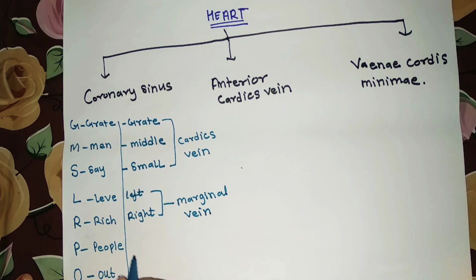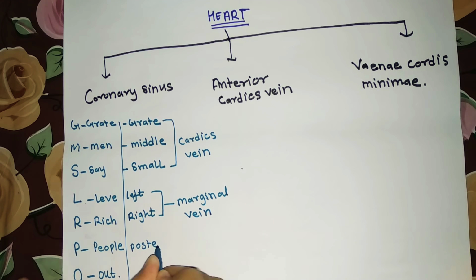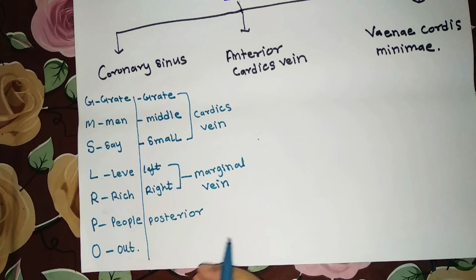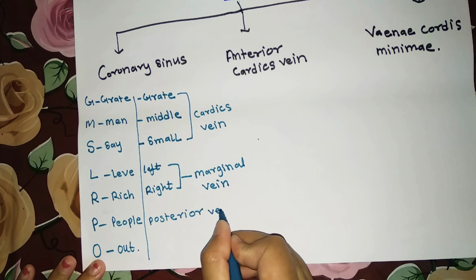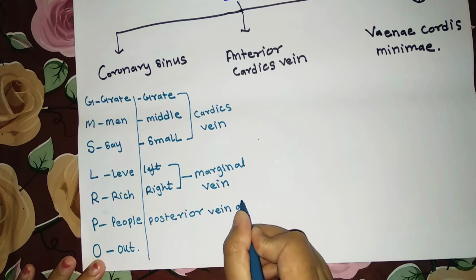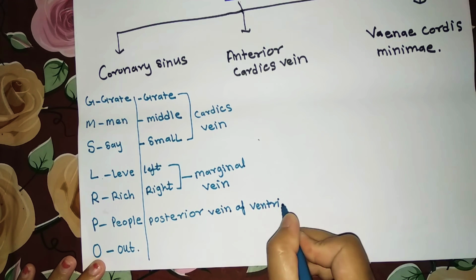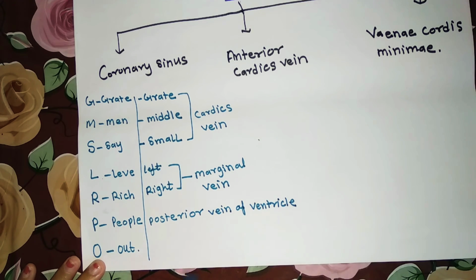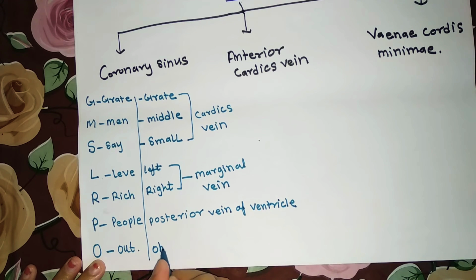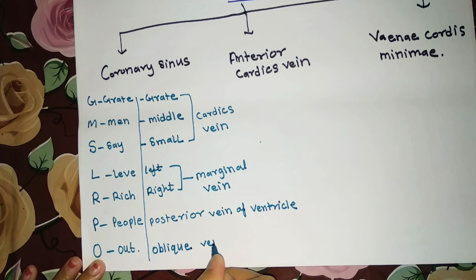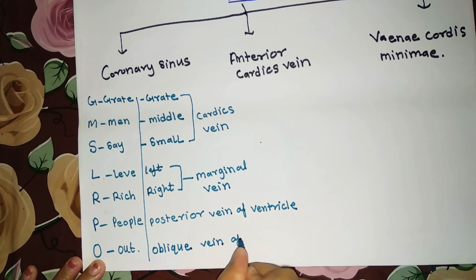P for posterior vein of the ventricle. And O for oblique vein of the atrium.